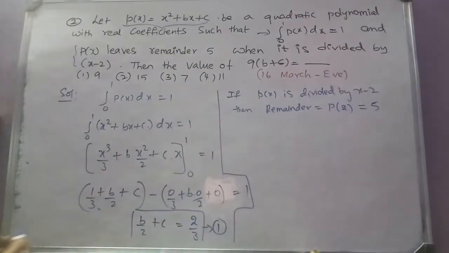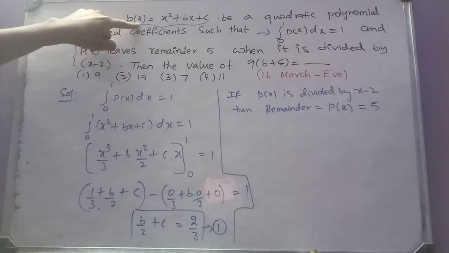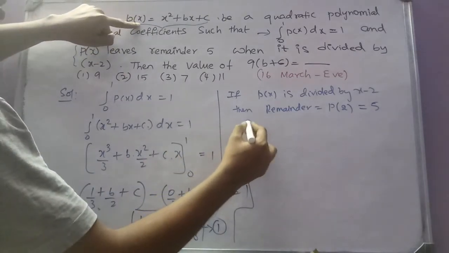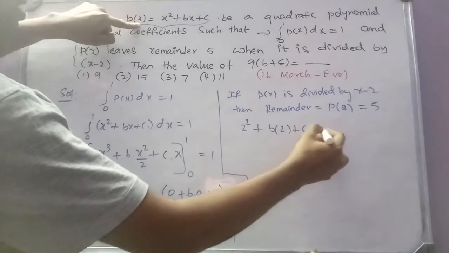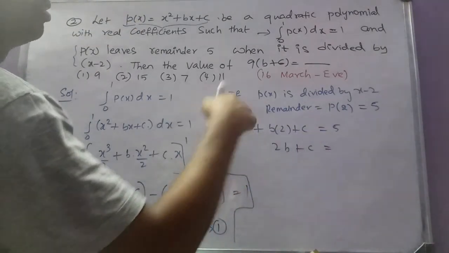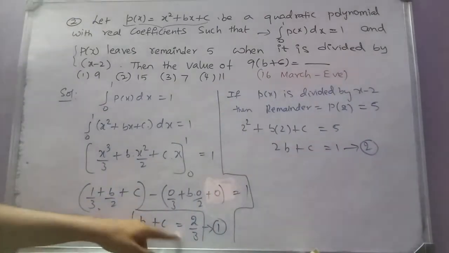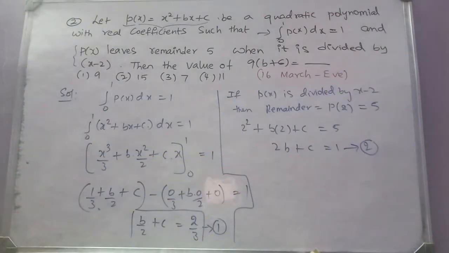So p of 2 is equal to 5. In the polynomial, if you take p of 2, what do you get? 2 square plus b into 2 plus c equal to 5. So from this you will get 2b plus c is equal to 1. The second equation. Solving 1 and 2, you will get the values of b and c, and then you can find what is 9 times b plus c.